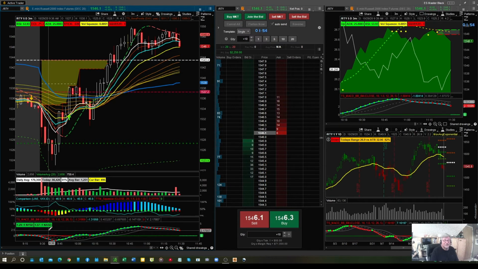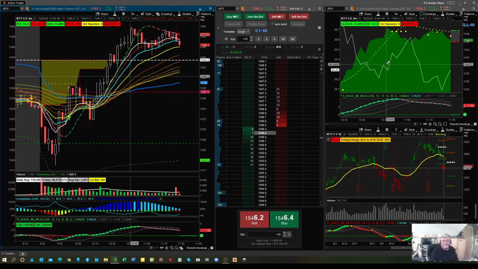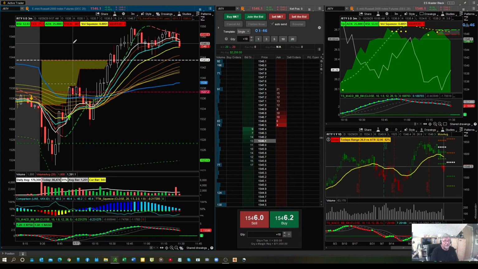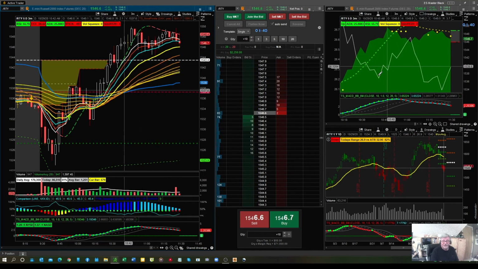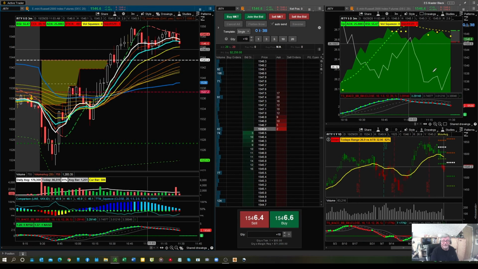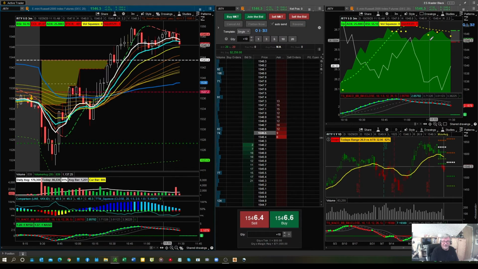Now, if you come over here, this is a mountain chart of the 3-minute Russell. Instead of showing bars, it's basically showing you a line graph that's filled in. When this is green, it will say up, telling you you're in an uptrend, and that your 8 EMA is currently above your 13.